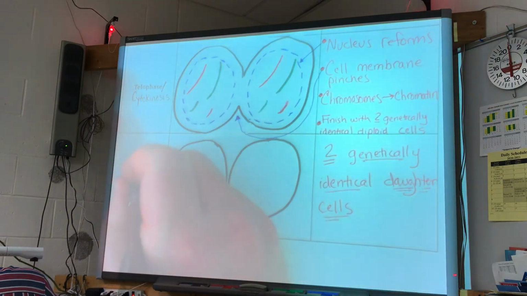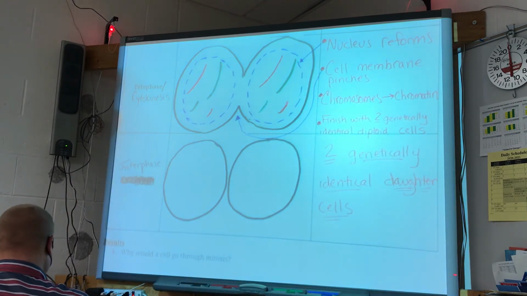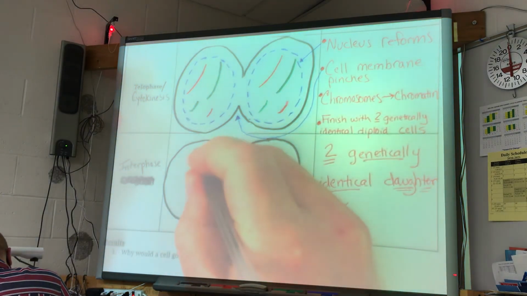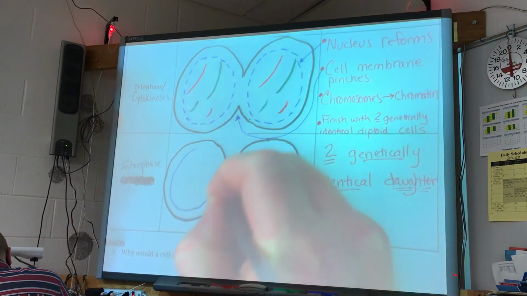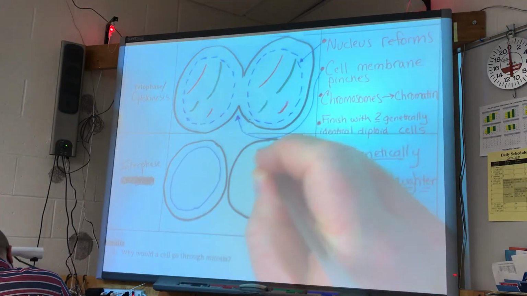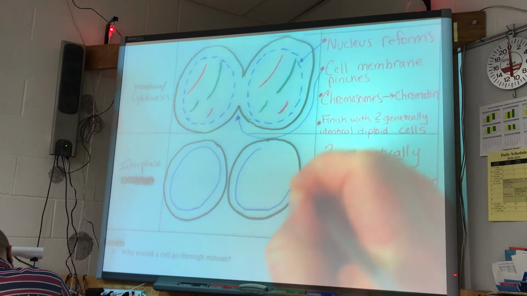What form is the genetic information in? Is it chromatin, uncoiled bowl of spaghetti, or is it still in chromatid or chromosome form where it's condensed? Chromatin. It's a bowl of spaghetti, uncoiled chromatin.